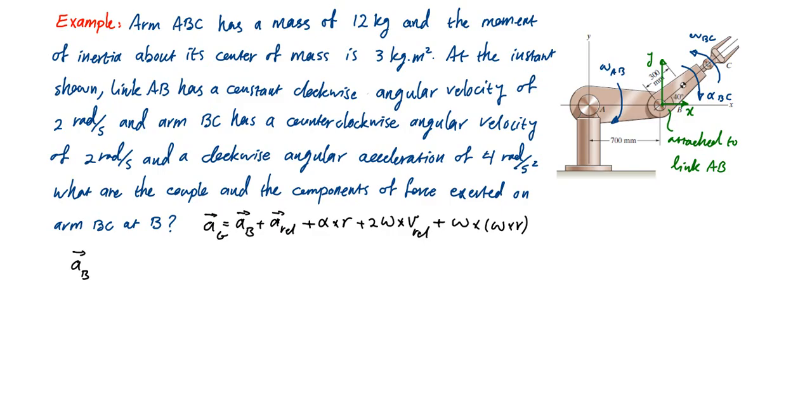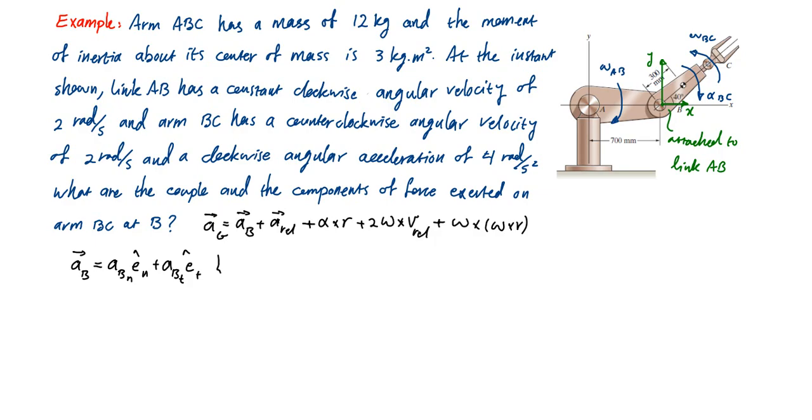So AB, well, it's an acceleration, and we are following a circular path here. Point B is following a circular path, and as a result of that, it's going to have a tangential and a normal component. So I'll just write the general form: normal plus AB tangential component along tangential direction.